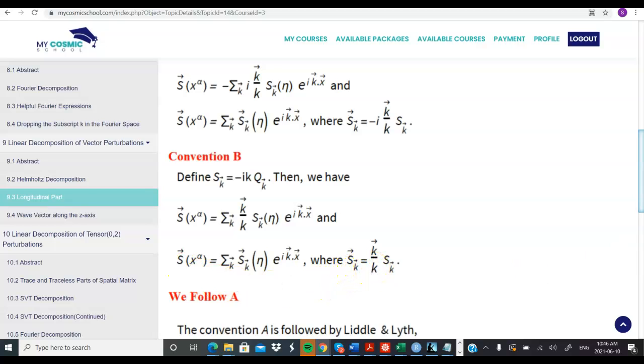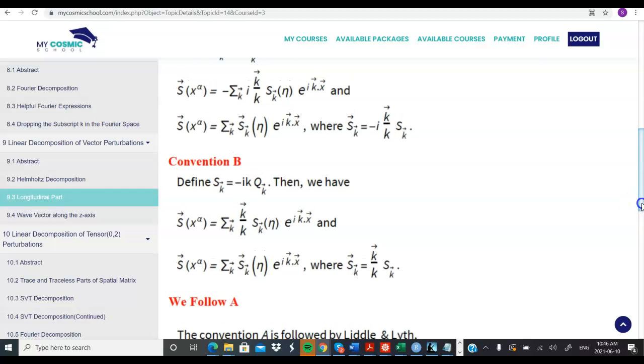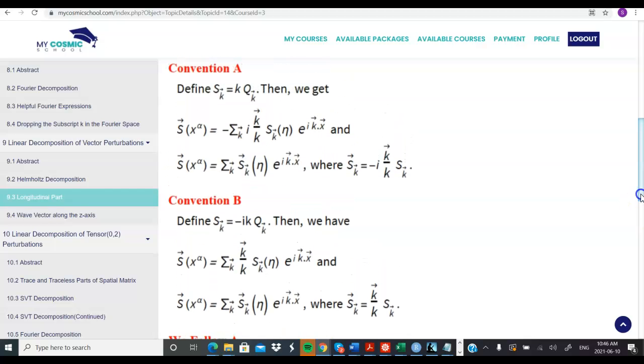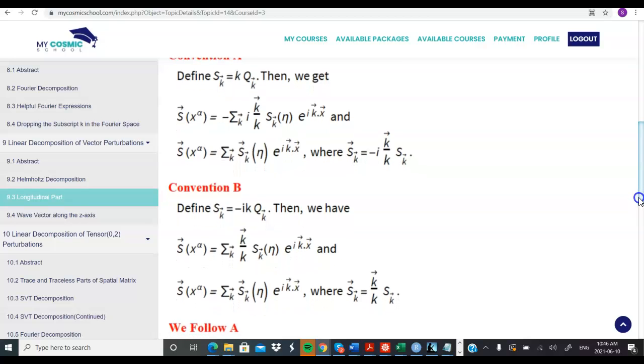So it is a matter of personal choice which convention you want to follow. We will be dealing with vector perturbations, and I can expand the vector like this. I can write S as a Fourier expansion, where the Fourier amplitude is minus ik over k times scalar sk, or it is k over k times scalar sk.